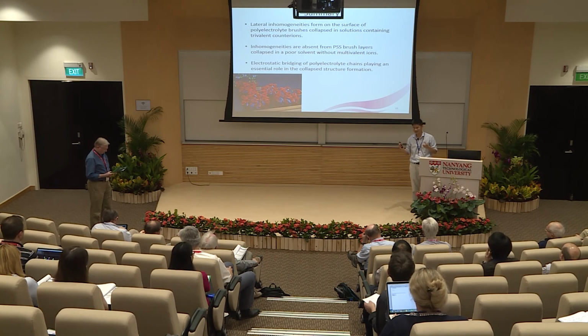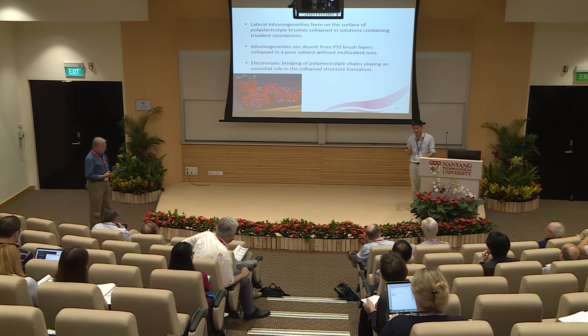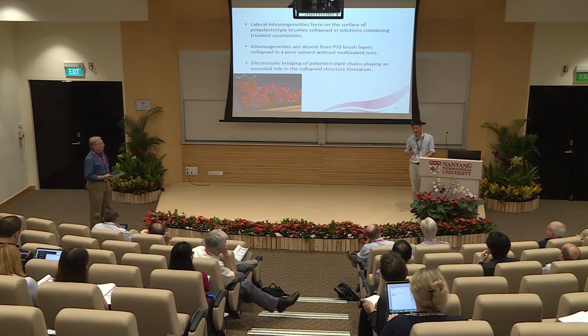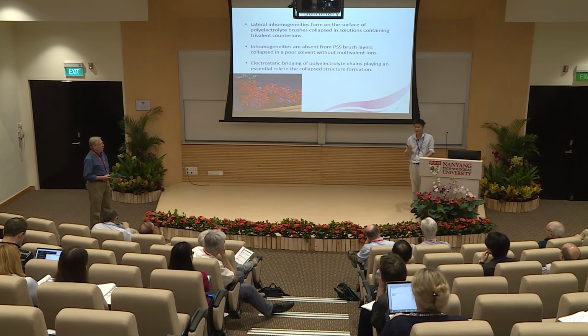Based on the grafting density, it's also the same order. So we roughly know the aggregation number, but not accurately. The thing we don't really know is whether this collapsed structure has water or not, which I'm not quite sure about.